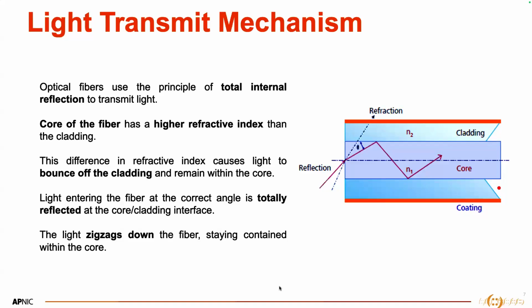Then the ray falls on the other side of the glass core in such a way that again total internal reflection occurs. So by repeated total internal reflection, light moves forward in a zigzag way. This is how light moves in an optical fiber, right? This is the basic concept.